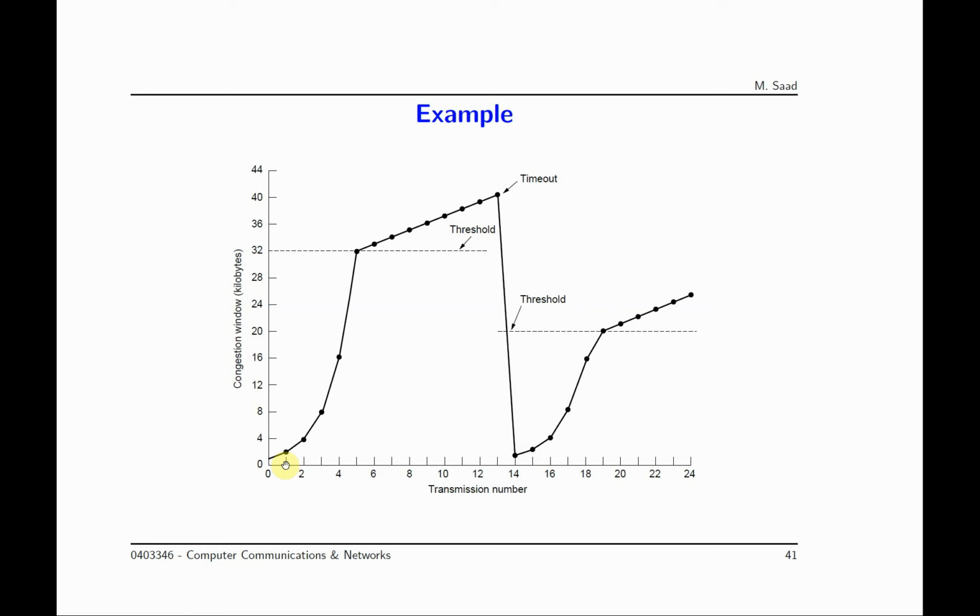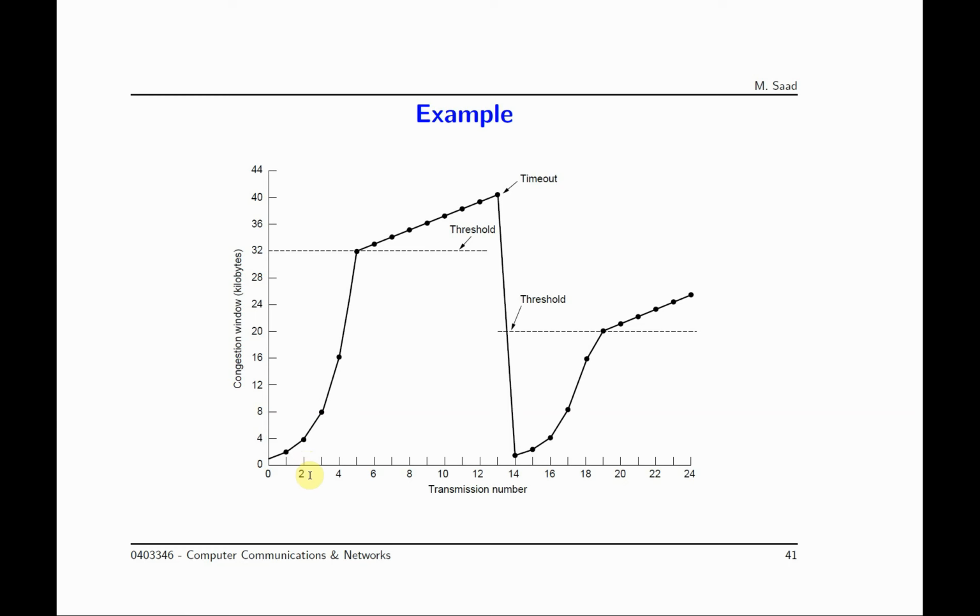The time to send my segment plus the time to receive your acknowledgement is called the round trip time. After a round trip time, I can send something new. So the time between transmission 0 and transmission 1 is the round trip time. The time between transmission 1 and transmission 2 is the round trip time, and so on.